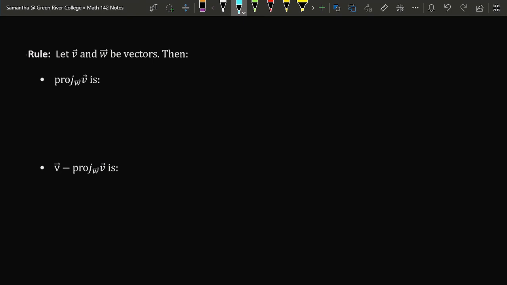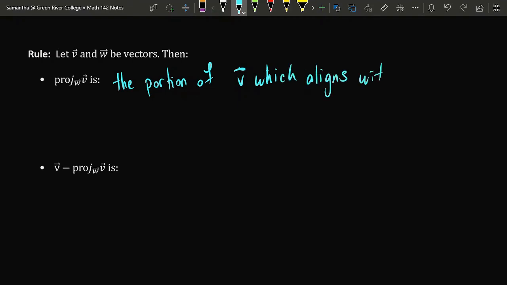Suppose that I have 2 vectors here called v and w. If I took the vector v and projected it onto the vector w, this would be the portion of v which aligns with the vector w.